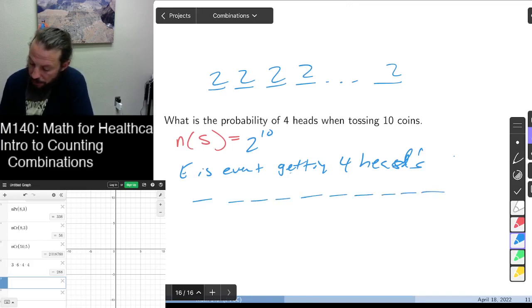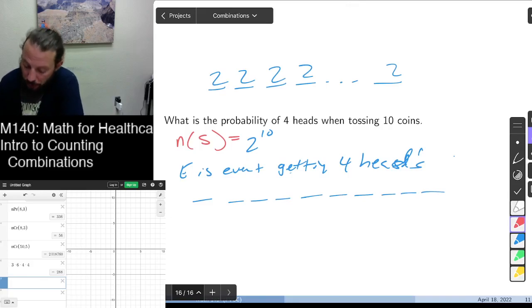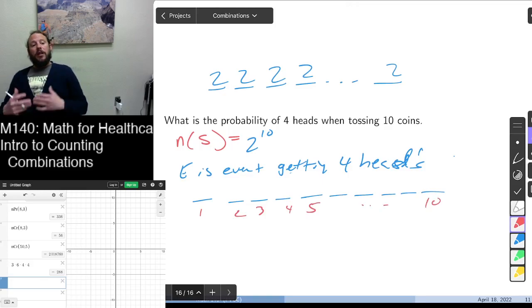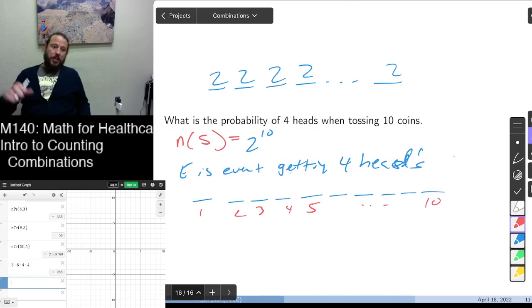What does getting 4 heads come down to? How many ways can I choose 4 from these things? We could think of this as having the numbers from 1 through 10 written on pieces of paper, and we put them in a hat. How many ways can I reach in there and pick out 4 numbers?